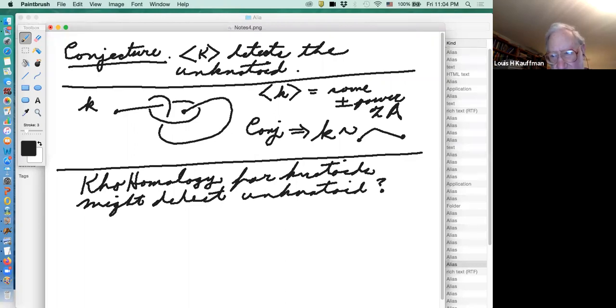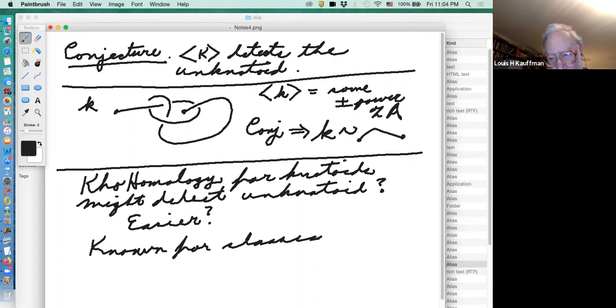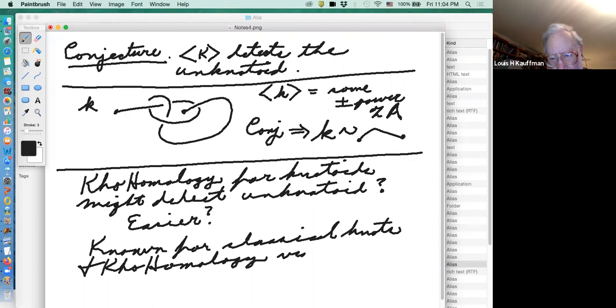Of course, that might be easier. It's known for classical knots and Khovanov homology via the work of Kronheimer and Mrowka.